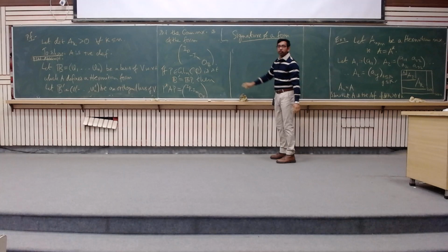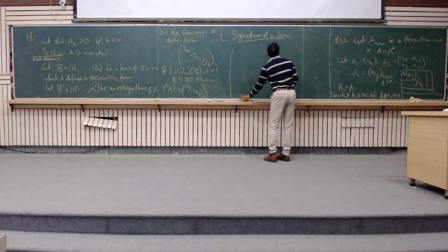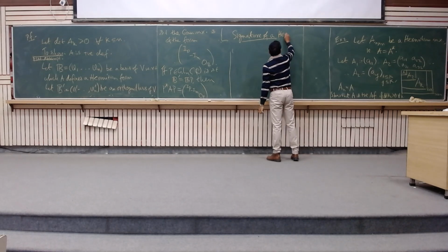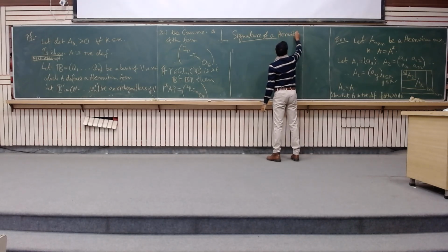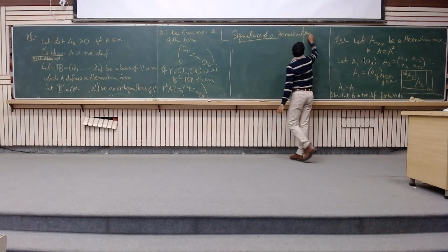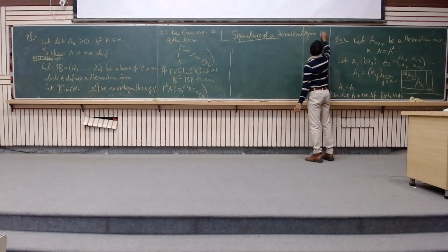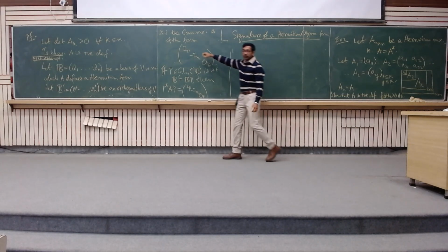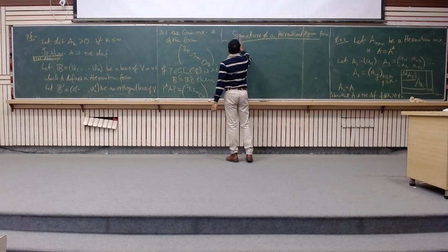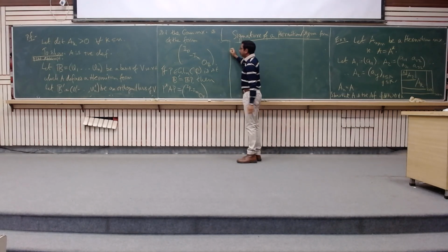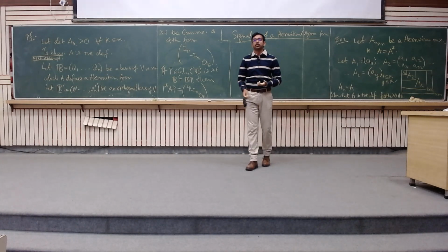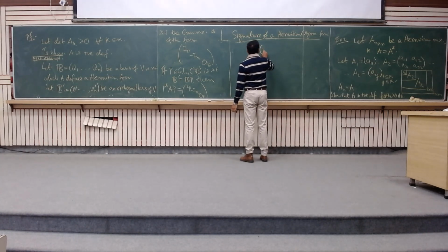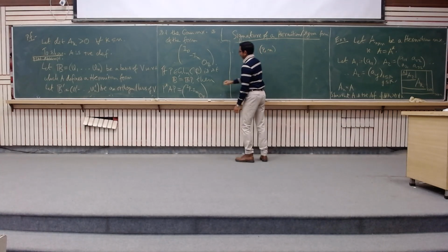If you are given a Hermitian or symmetric form, you could be asked to find the signature of the form. What is that? It is just (p, m) in this case.